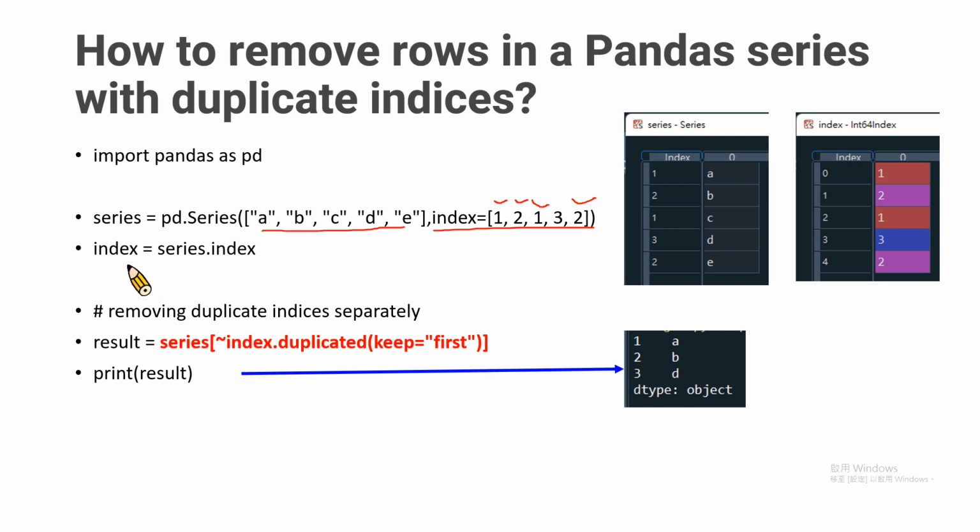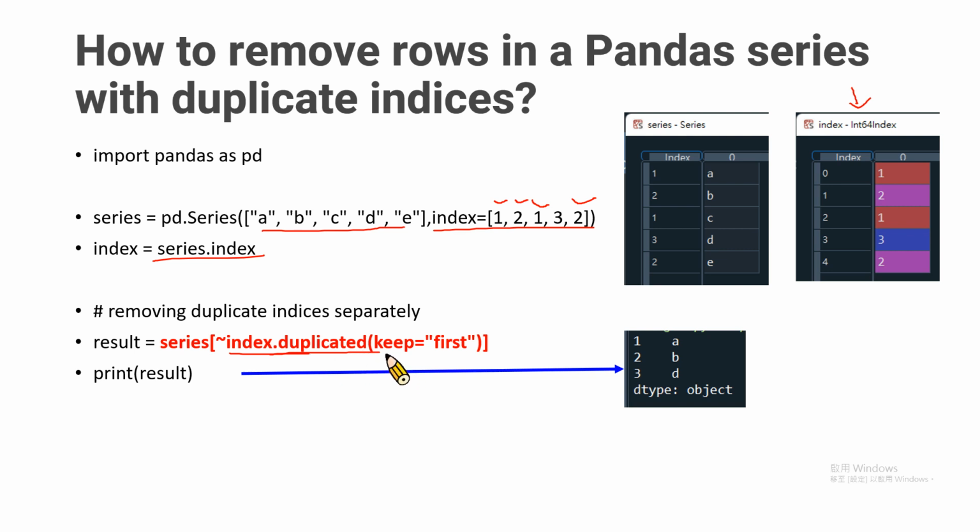So we use the index property to get the index of the series. These are the index of the series. And here we use the duplicated function to find the duplicate index.